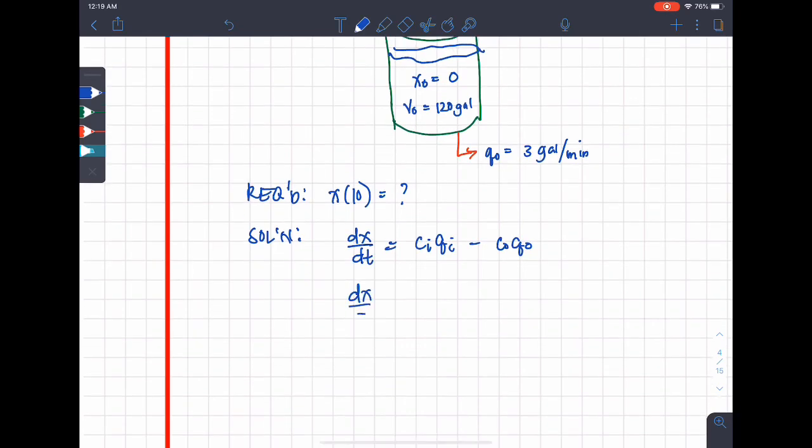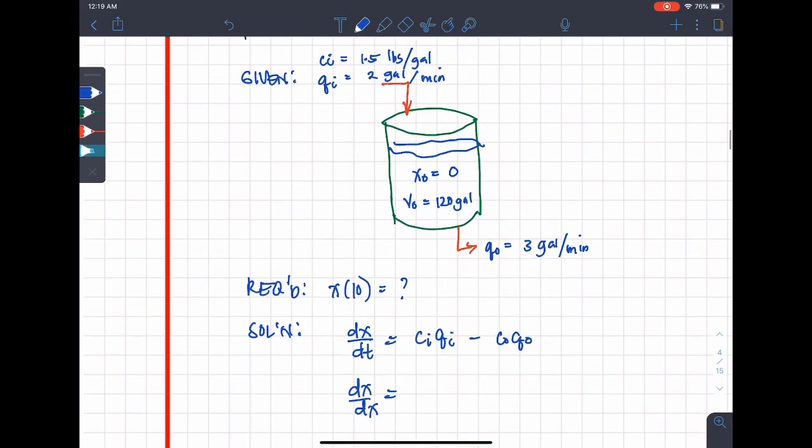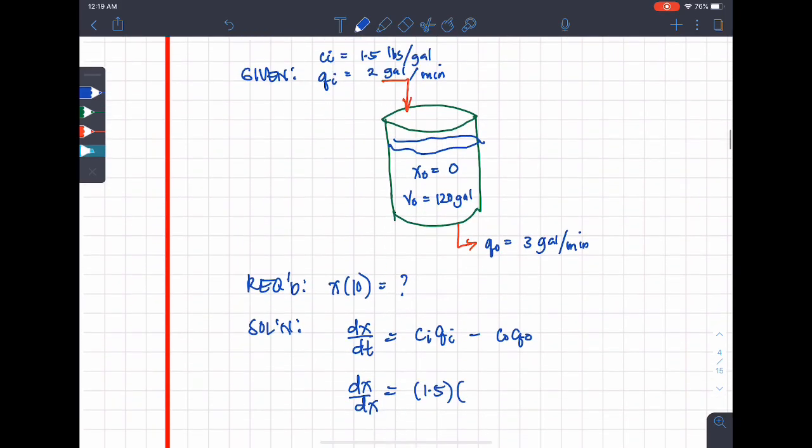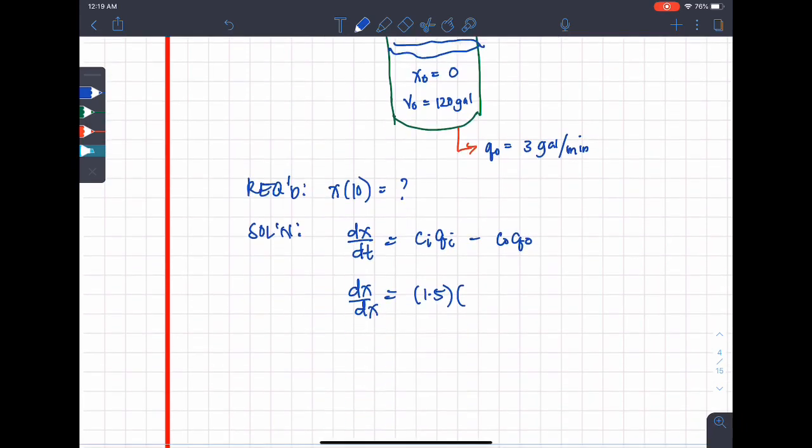So dx/dt equals, our input concentration is 1.5, while our input volumetric flow rate is 2. Our output is a bit faster, it is 3.